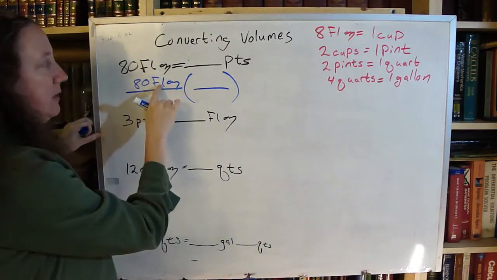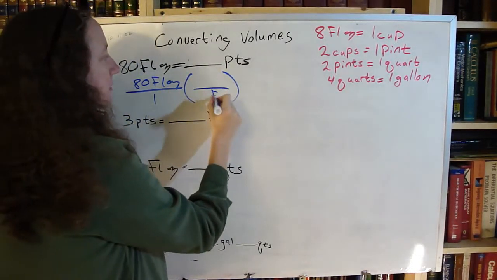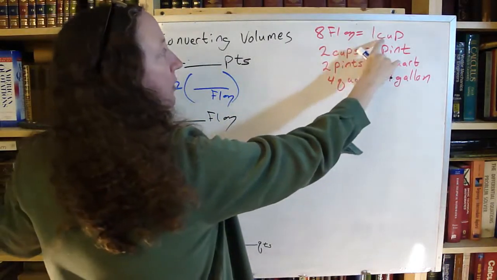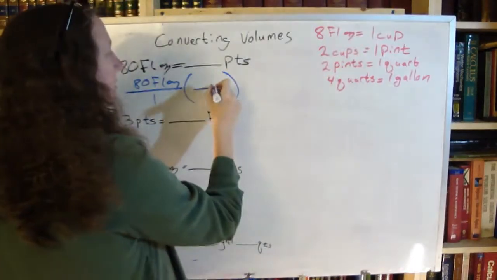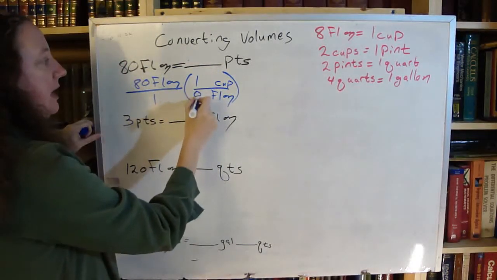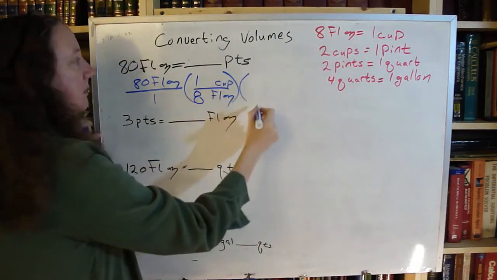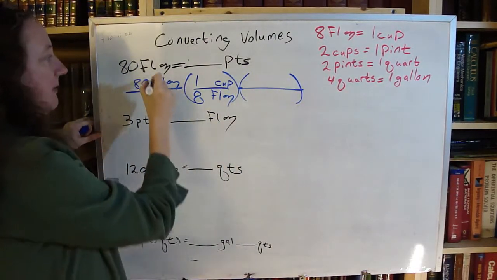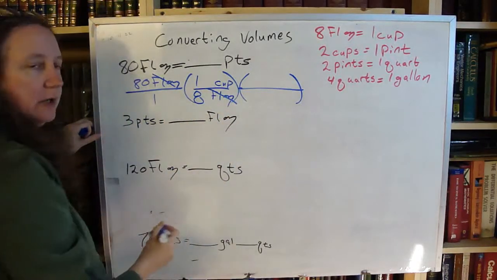I want to get rid of fluid ounces, and I want to go to cups. So 1 cup is 8 fluid ounces. My fluid ounces cancels fluid ounces.